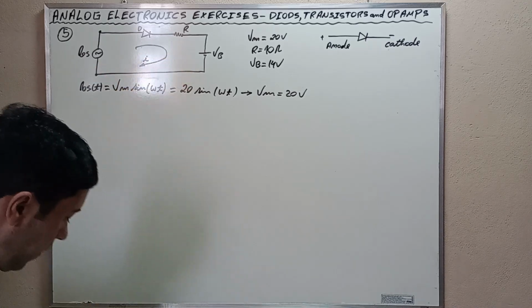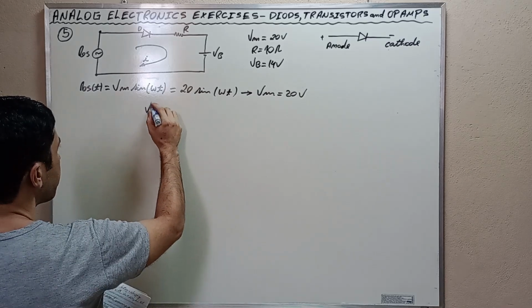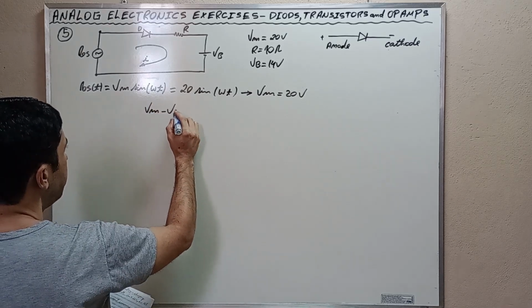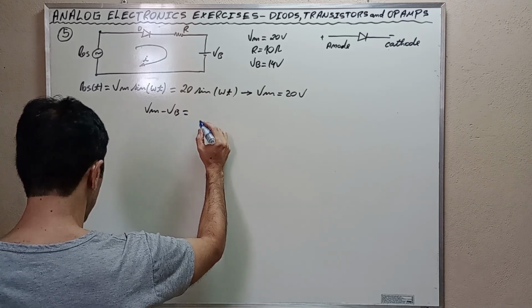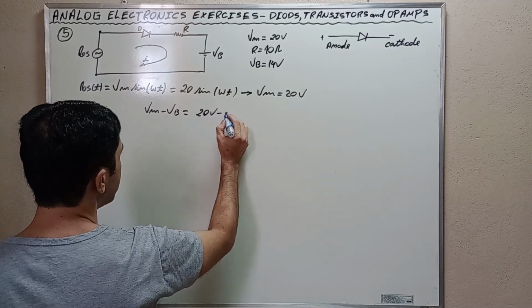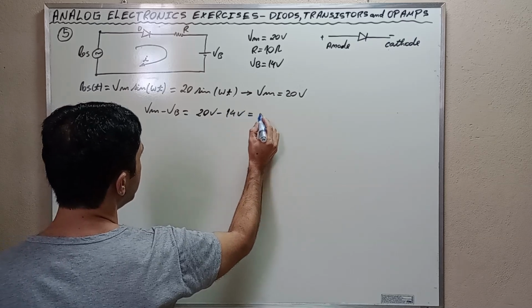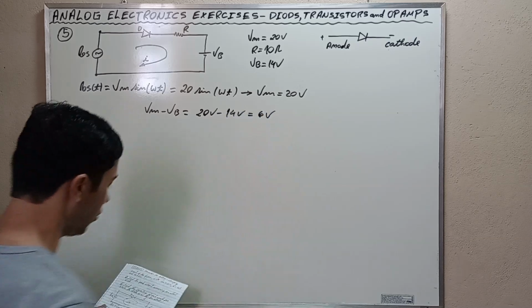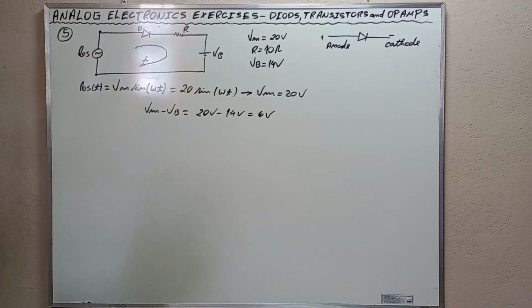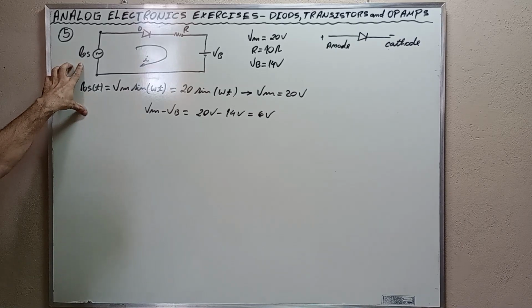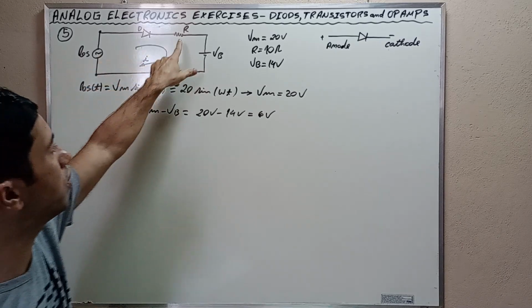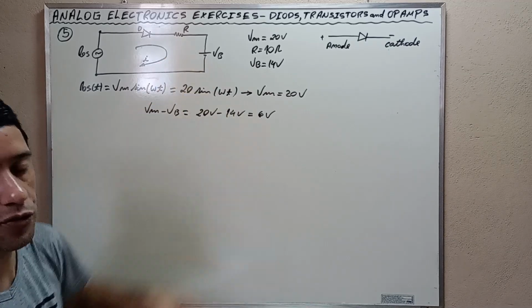is going to be Vm minus Vb equal to 20 volts minus 14 volts, which is 6 volts, okay? At that time, the sinusoid reaches its peak, the voltage across the resistor is 6 volts.